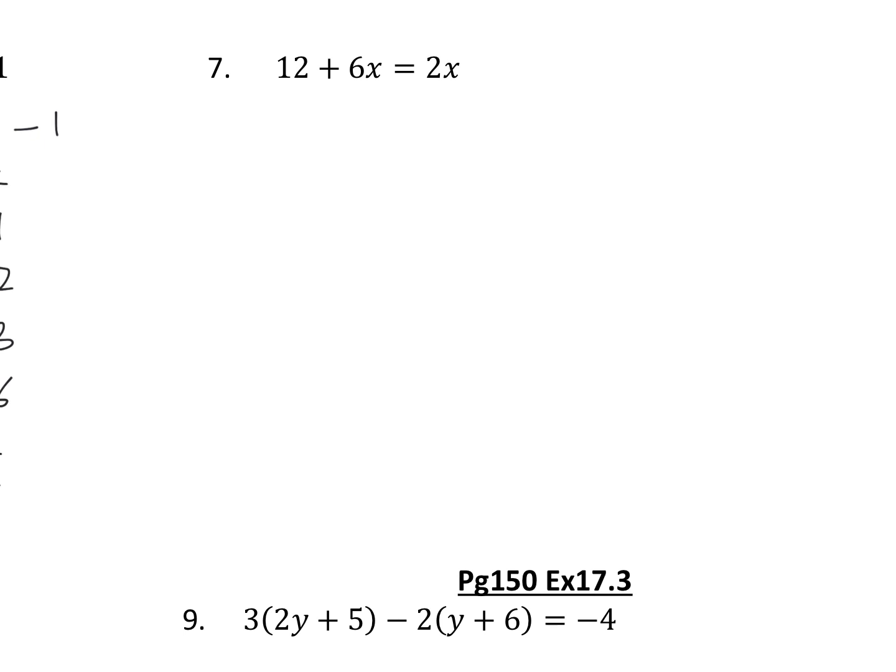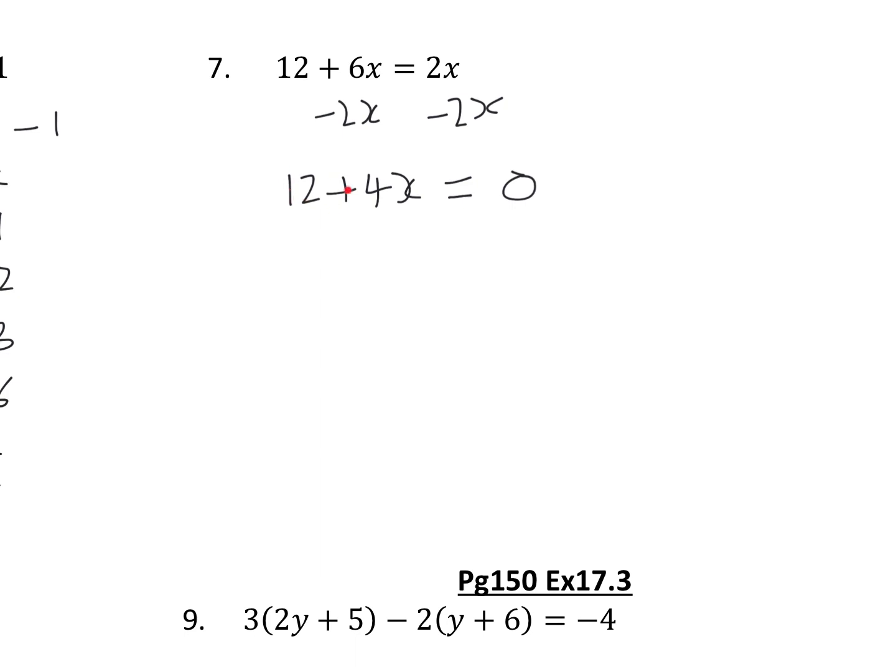Number 7. Get rid of the small number of x's, which would be the 2, so take away 2x from both sides. And we get 12 plus 4x, and there's nothing on the other side, but we should write down 0.